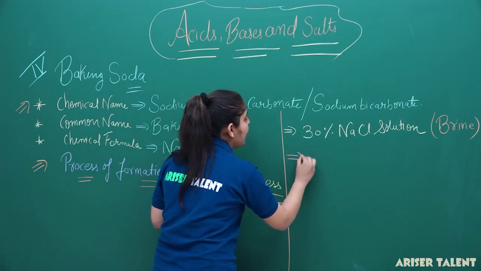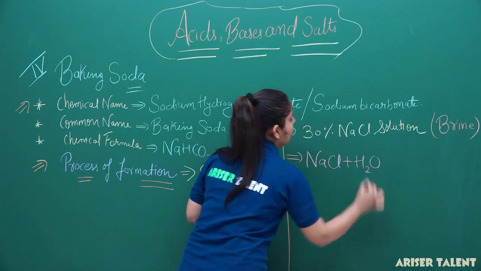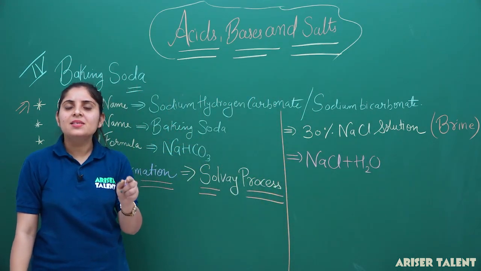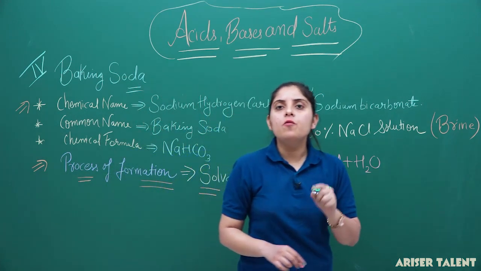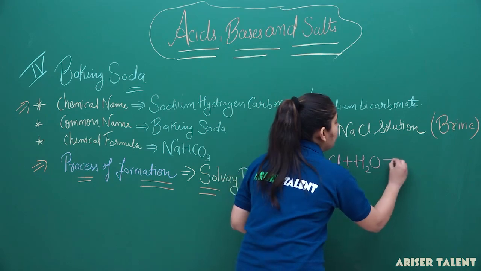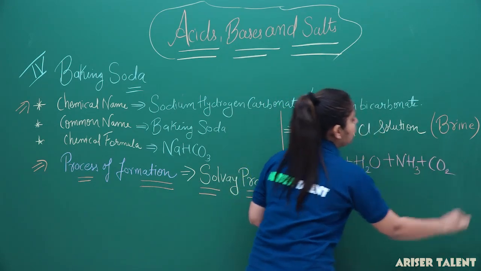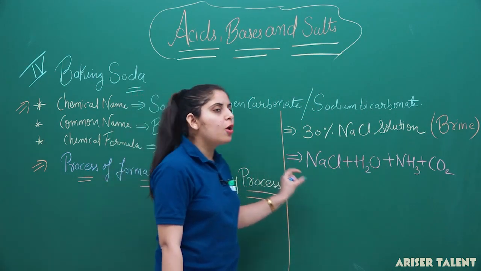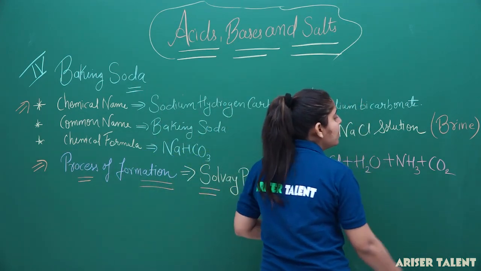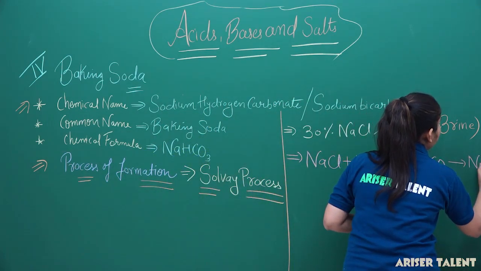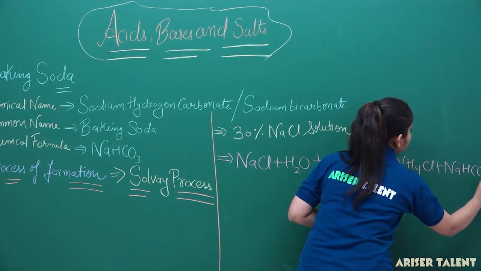Firstly, we have taken NaCl in the aqueous form, and in this reaction we have passed carbon dioxide gas with the addition of ammonia in it. We have passed NH3 and CO2 in this process. This is the Solvay process for the manufacturing of sodium hydrogen carbonate. On the product side, we will get NH4Cl and NaHCO3.